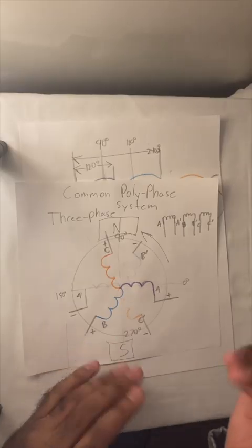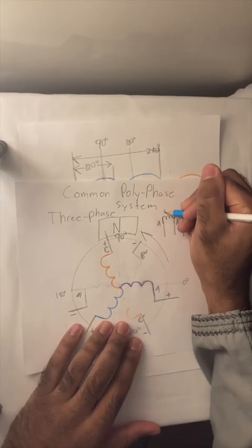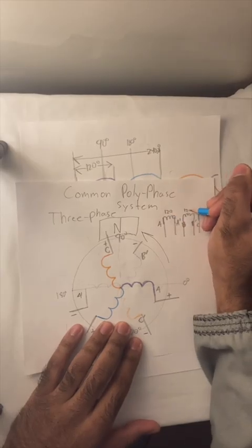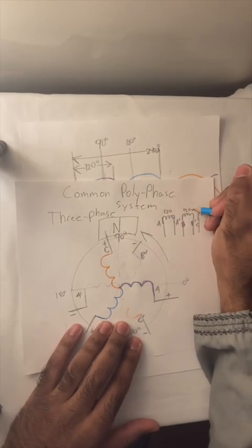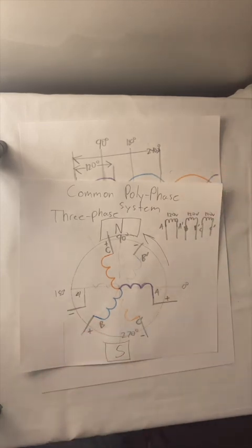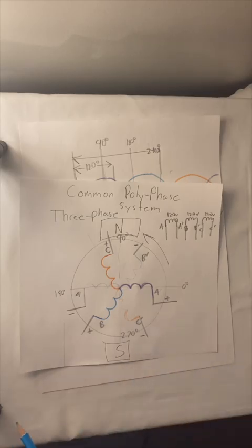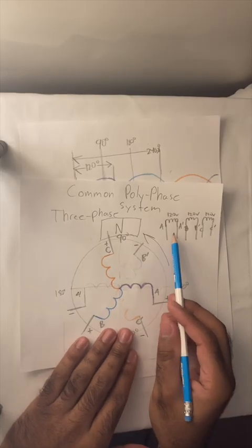Supposing for instance that the voltage across the coil would be 120, and across this one would be 120, and 120 also here. Again, we are referring back to the RMS voltage now, rather than the maximum voltage, which is basically the maximum voltage divided by the square root of 2.